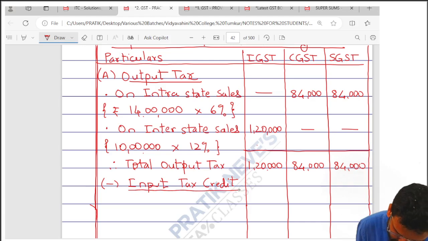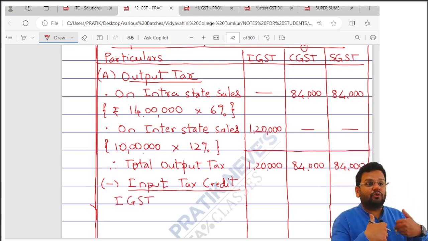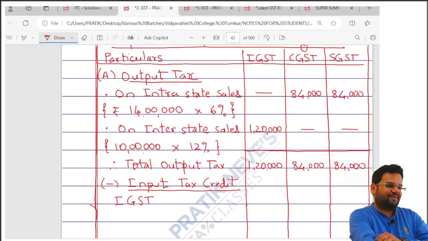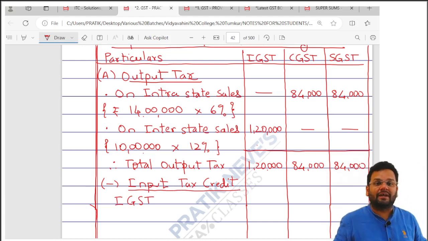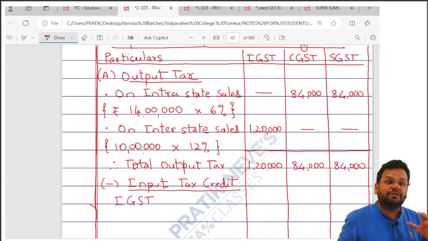You are using which ITC first? IGST. Understood. Try to get done with IGST first. When you try to get done with IGST first, it reduces burden of government.